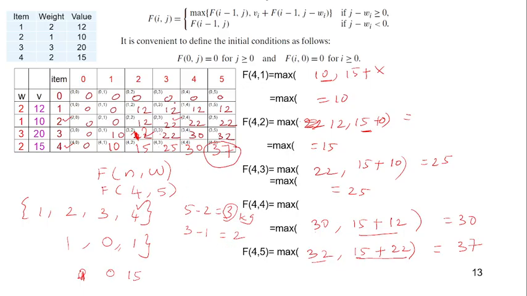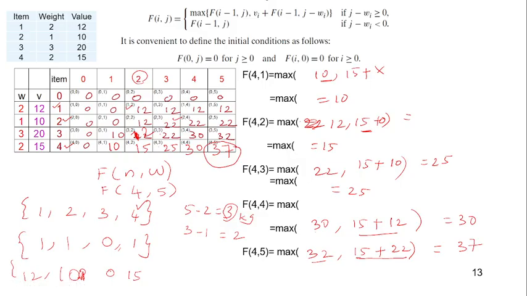So next you have to go to the next one. So this you have selected. So next, 2 kg. Here you come. Here 12, and the previous is 0. So 12, you can include this. So you can include item 1. Here the value is 15, and the second one's value is 10, and the first item's value is 12.